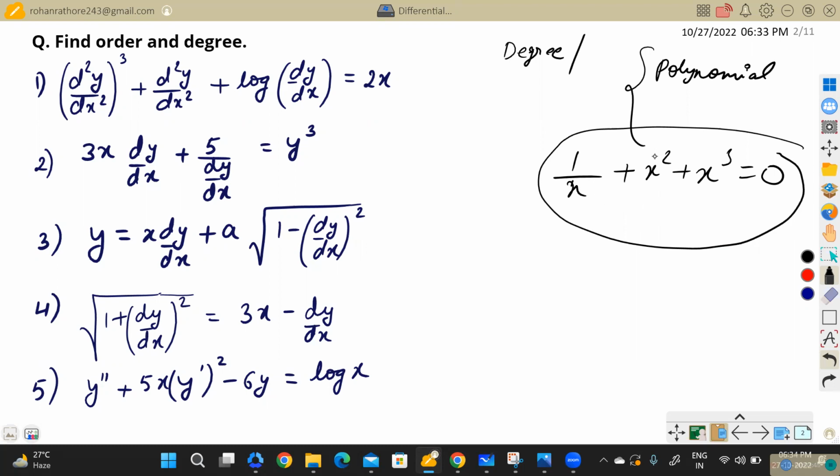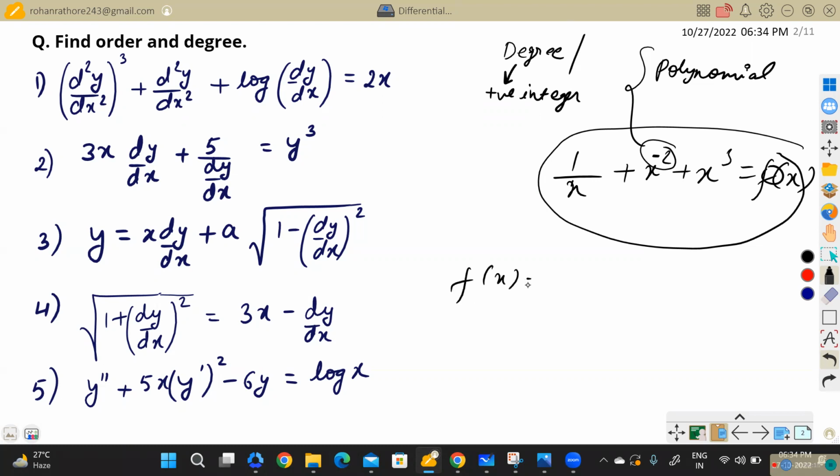But if one of the exponents is negative, then we cannot say that it is a polynomial. There is only one condition for an expression to be a polynomial: for f(x) not equal to 0, the degree must be a positive integer. Anything else in the degree, and we will say that the given expression is not a polynomial.